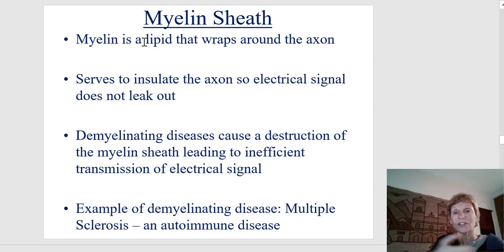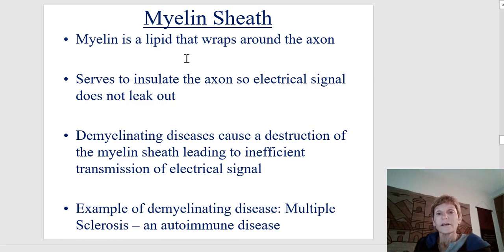And what the myelination does is it insulates the axon and it actually allows the propagation of that electrical signal to go much faster than if there was no insulation and you might end up with some leakiness. And it turns out that sometimes you do have situations where the myelin starts to go away.